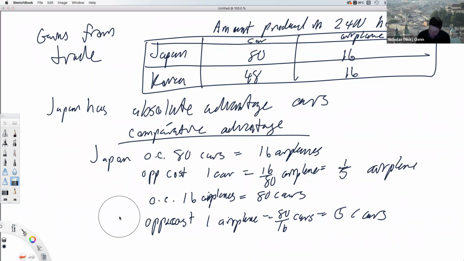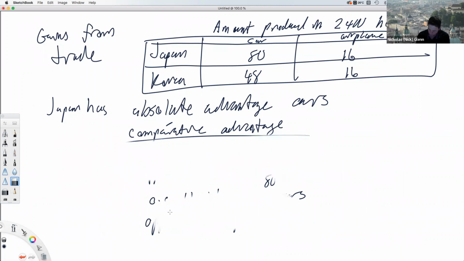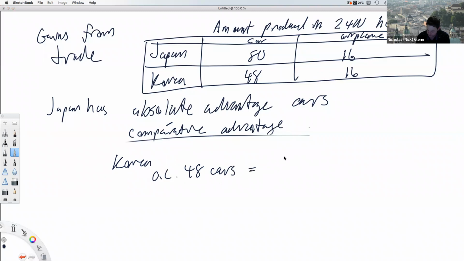Now let's find this for Korea. If Korea produces 48 cars, the opportunity cost of producing these 48 cars will be 16 airplanes. So what about the opportunity cost of one car?